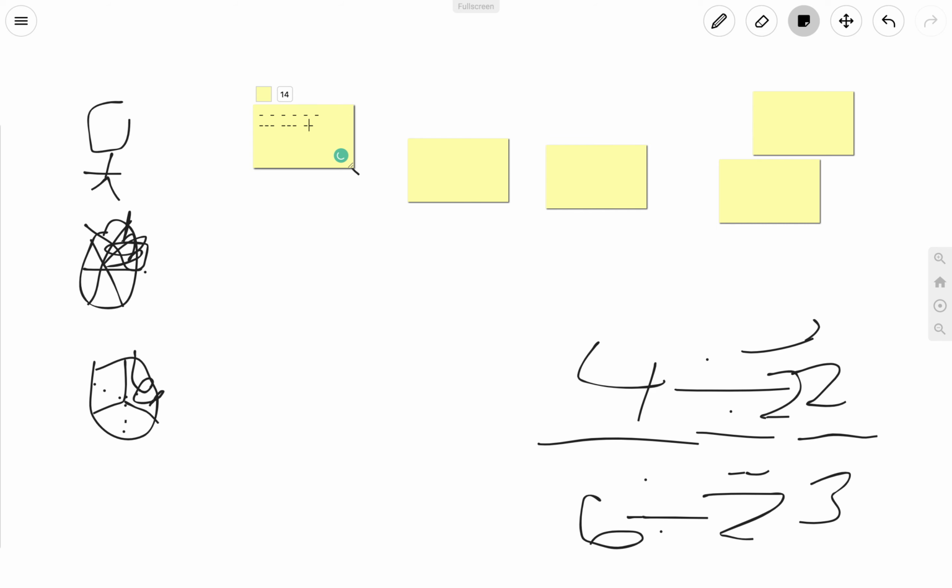So let's just presume that this is one piece, right? Each of these are one piece, and each of these are one piece, and each of these are one piece. As we can see, basically we have the same amount.